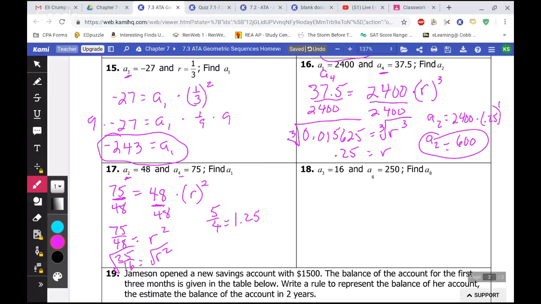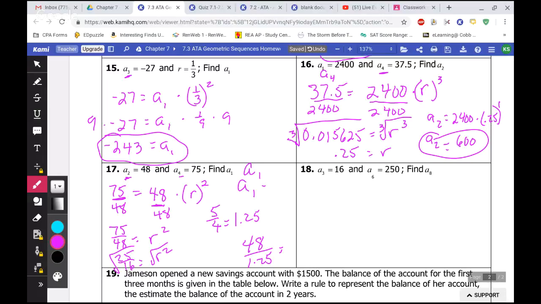And so now we're supposed to find A1. So what I would do is take your value of 48 and divide it by 1.25.